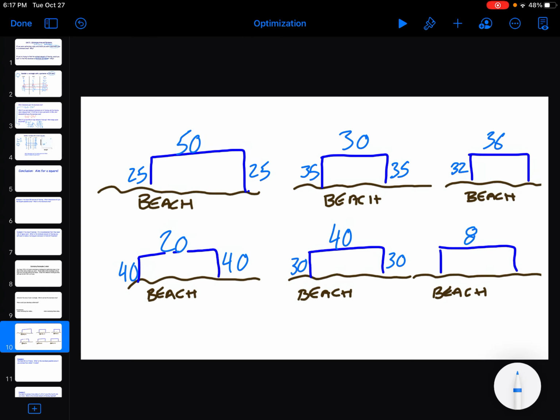There's all sorts of different ways that you could do this. But what you need to recognize is we're always going to come back to this way. If you were to do area equals length times width, all of these have the same perimeter of 100. And you're going to find that that top left one is going to be our ideal situation.